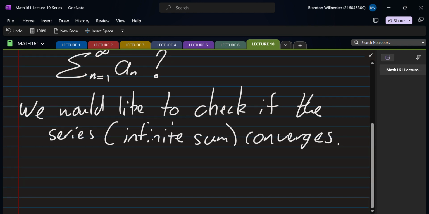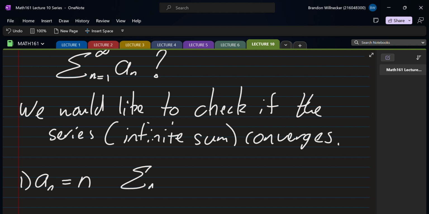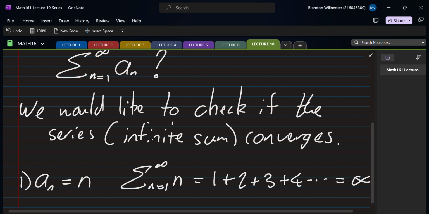We'll start off with a very simple example. Let's say the sequence was just n. So the sequence goes 1, 2, 3, 4, and so on. Now if we want to find the sum of all these terms, we have the sum from 1 to infinity of n. So this is going to be 1 plus 2 plus 3 plus 4, dot, dot, dot. This is clearly going to be infinity, right?